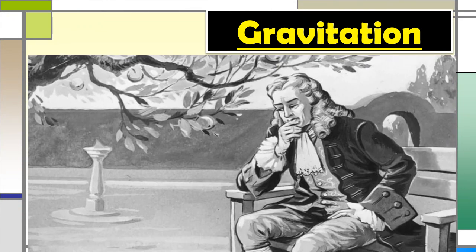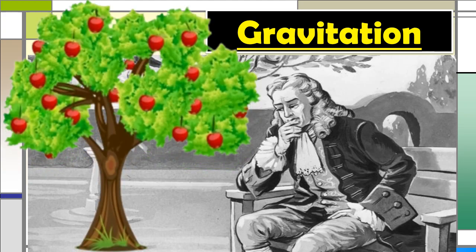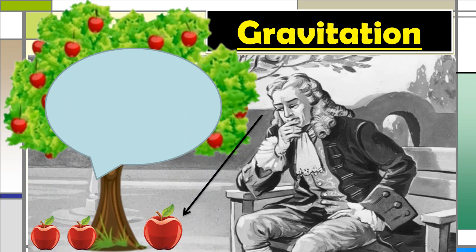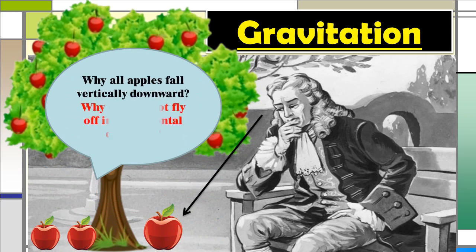As we have learned, the phenomenon of gravitation was discovered by Sir Isaac Newton. As the story goes, he discovered the force by seeing an apple fall from a tree to the ground, and he wondered why all apples fall vertically downward and not at an angle to the vertical.